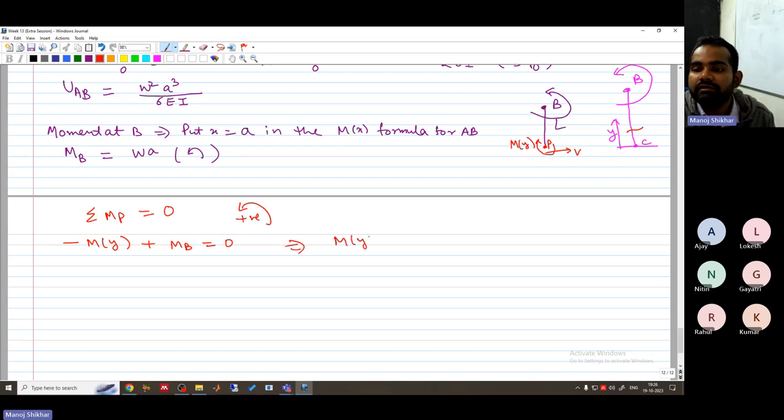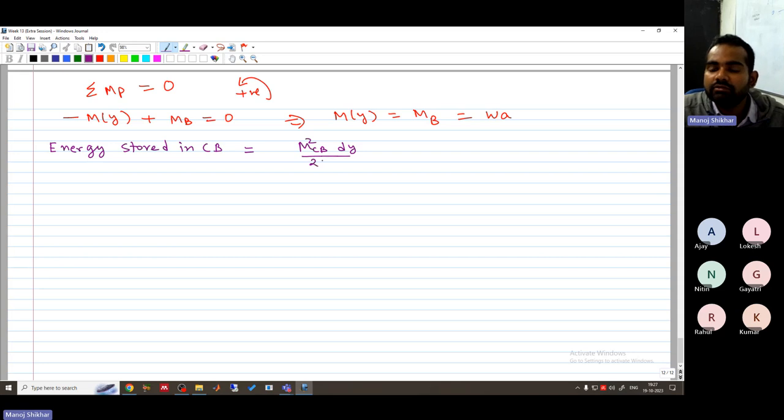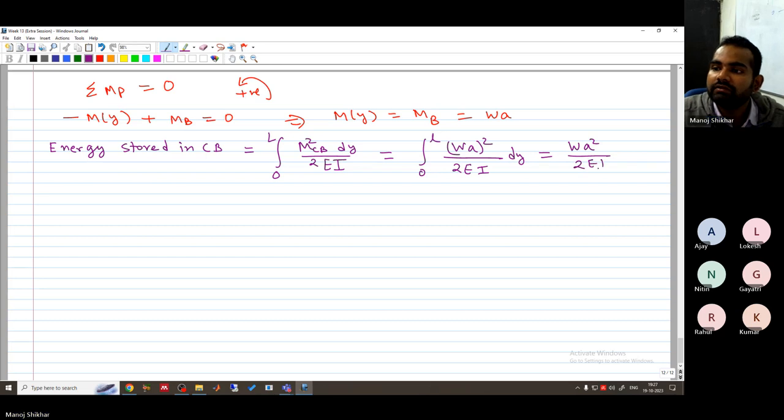So from here we get My equal to MB, which is equal to W into A. So the energy stored in CB equals the integral of MCB square dy upon 2EI from 0 to L. Here it will be WA whole square upon 2EI, these are constants, into the integral of dy from 0 to L. So basically WA square upon 2EI into L. This is UCB.